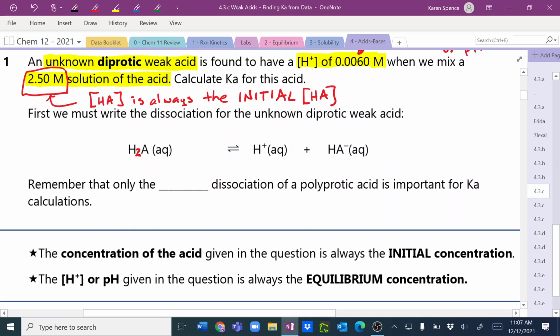And remember that it is only the first dissociation of a polyprotic acid that is important, so we only take off one hydrogen. You could do this with monoprotic, but I thought it would be nice to have an example with a diprotic since we just looked at that, okay?